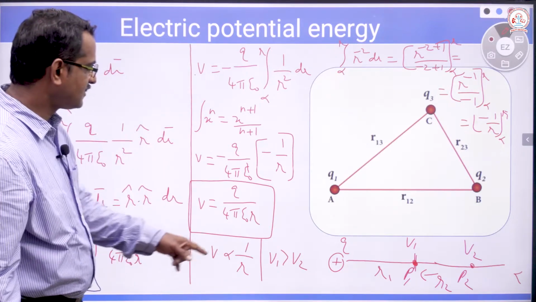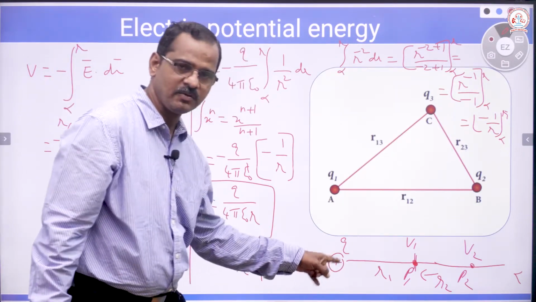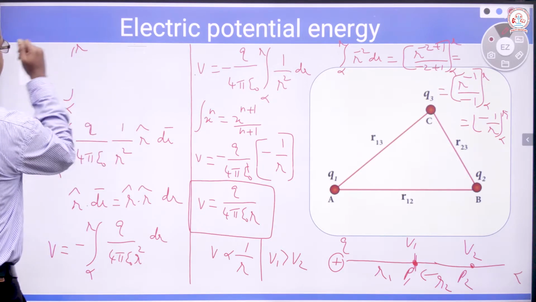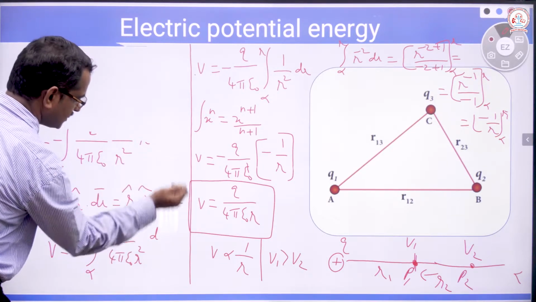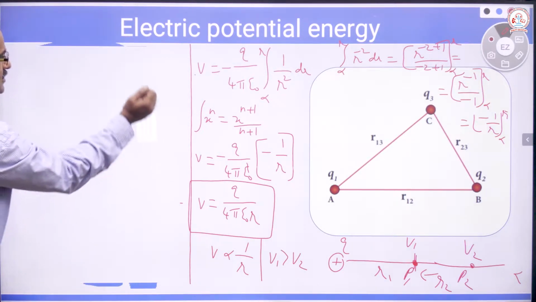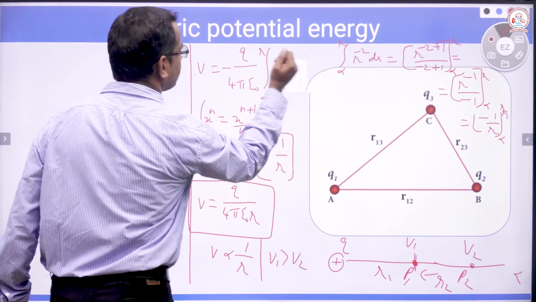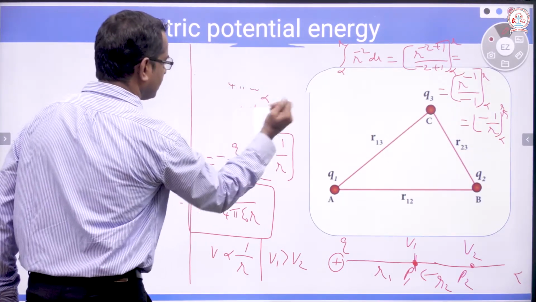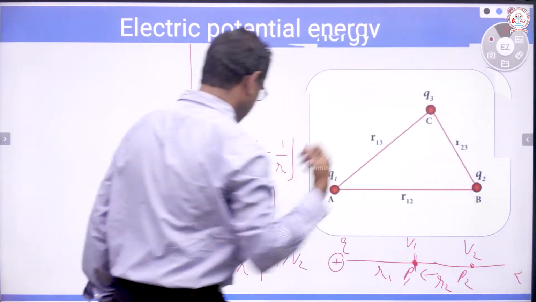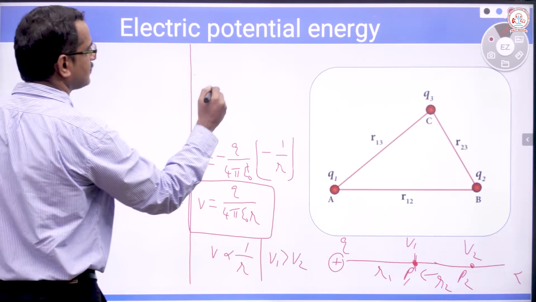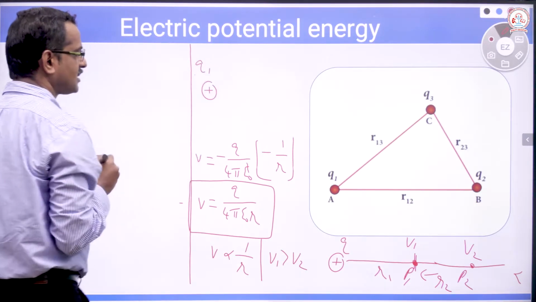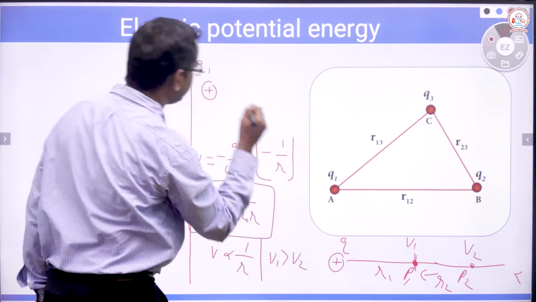Now, in case there are many charges instead of only one charge, let us see what we have to do. If there are many charges, then the electric potential at the point P can be calculated as follows. Just imagine you have a plus Q1 charge here.